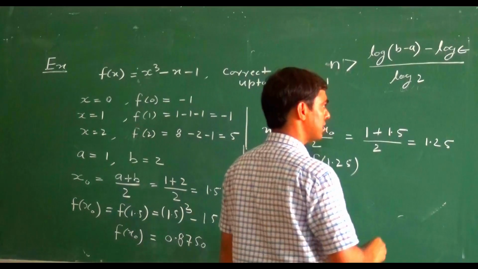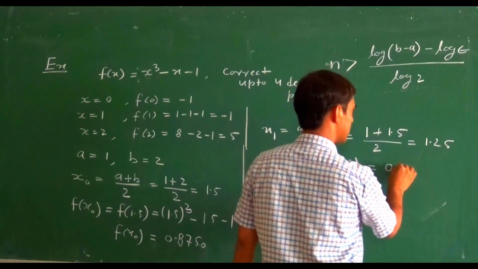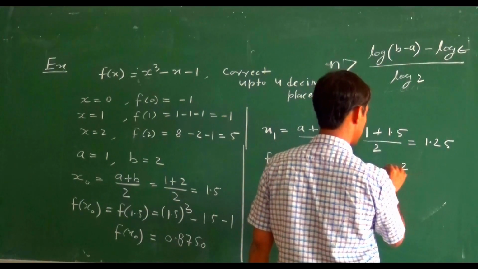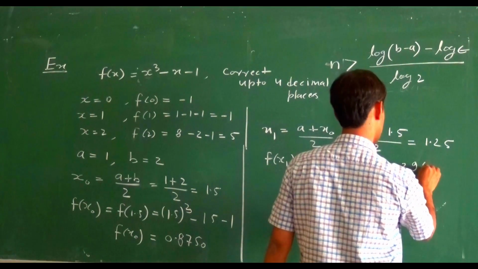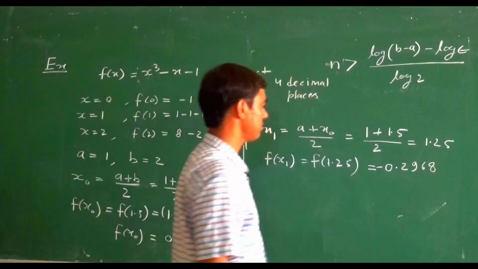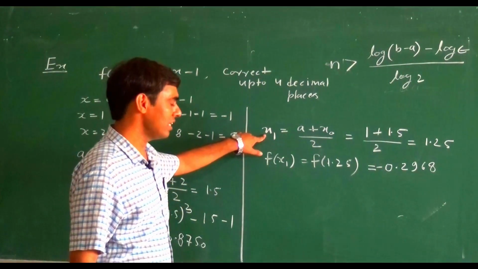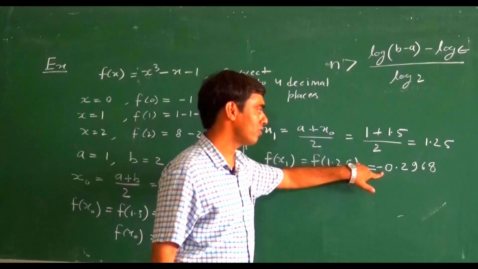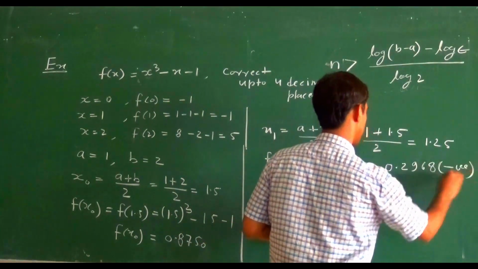The value of the function at this point is minus 0.2968. So at x1 the value of the function is negative.